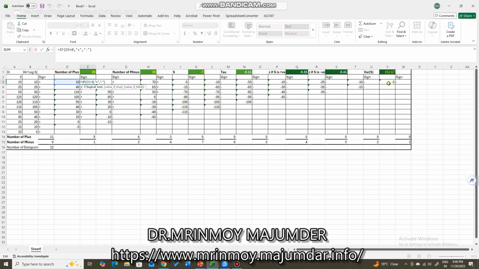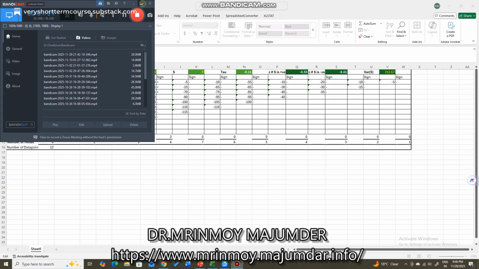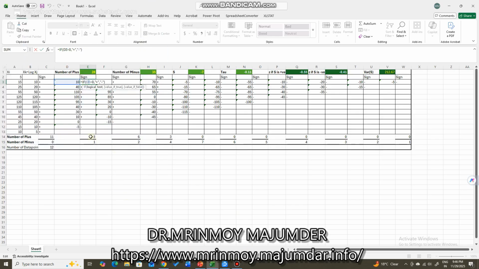Next we have counted how many pluses I am getting. For the first column, I am getting 11 pluses. For the second column, I am getting 8, then 6, then 3, then no pluses: 0, 0, 0, 0, 0.